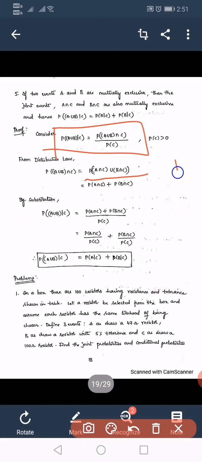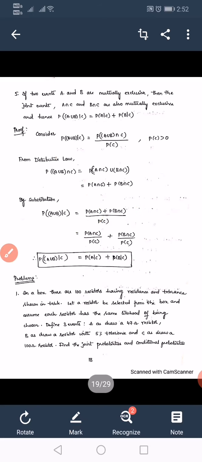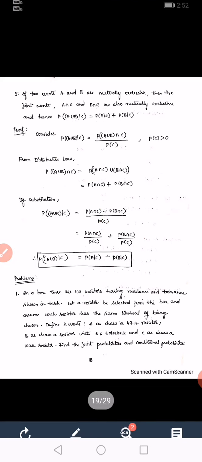Union means plus, so P of A intersection C plus P of B intersection C, by P of C. After substitution, separate the terms: we get P of A intersection C by P of C and P of B intersection C by P of C. According to conditional probability, P of A intersection C by P of C means P of A given C, and P of B intersection C by P of C means P of B given C. So P of A union B given C equals P of A given C plus P of B given C.